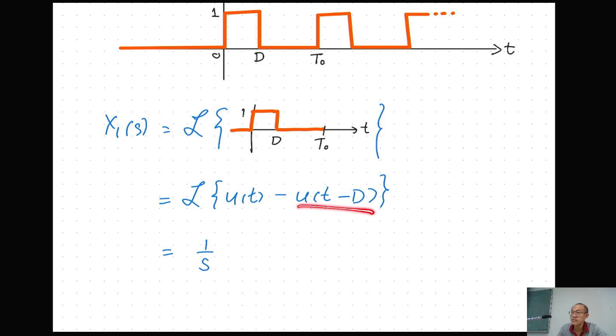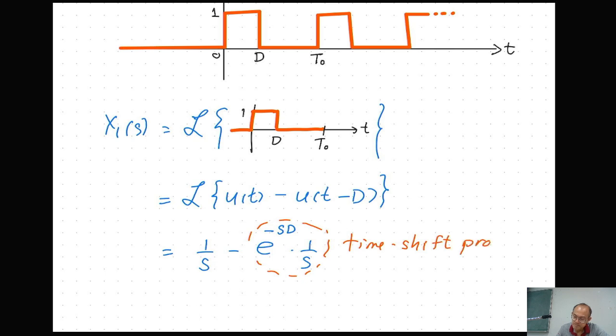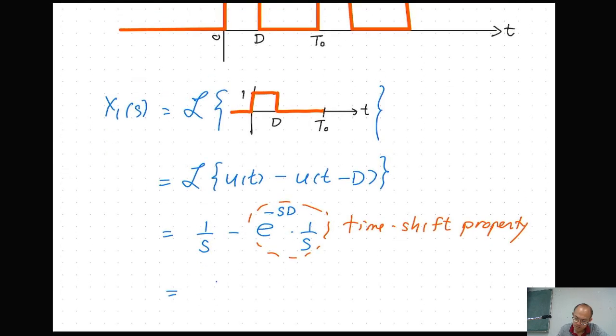We could use the time shift to get e to the negative sd times 1 over s. So we have 1 minus e to the negative sd over s.